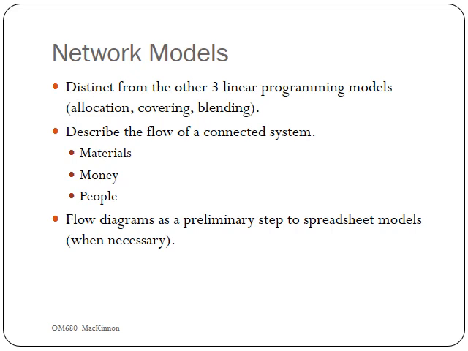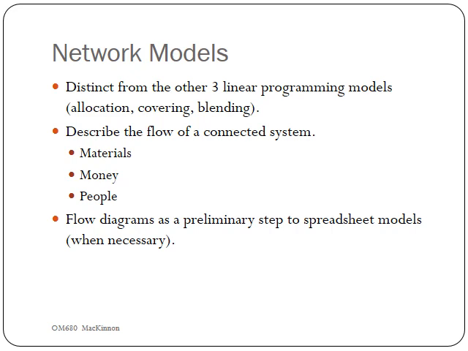So the other three programming models that we've looked at in terms of linear programming are the allocation, covering, and blending models. So the network model is the fourth kind of main model for linear programming, and it describes the flow of a connected system. Now, as you know, in supply chain management, we have the flow of materials and money, information, people.